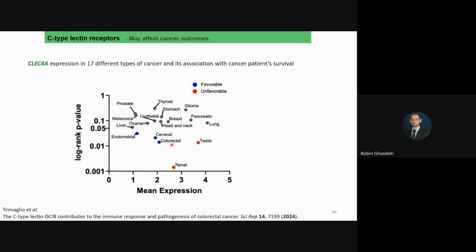Out of all these 17 cancers, the authors are only interested in this one for their paper, because they go on to do studies in transgenic mice, which support the statistical association that in colorectal cancers, where the mean expression of this gene is upregulated compared to non-cancer cells, this is associated with a statistically significant favorable outcome.